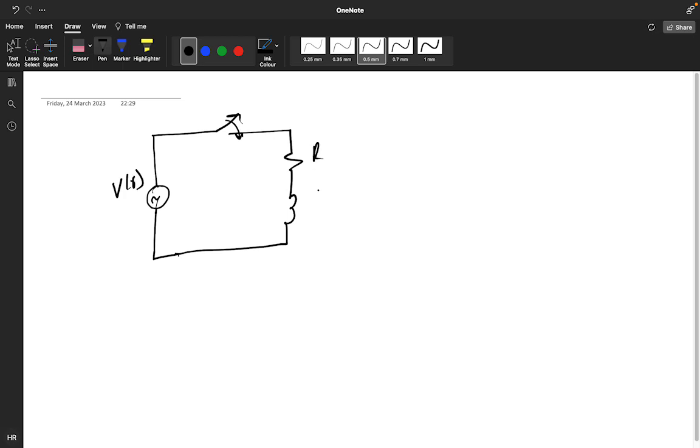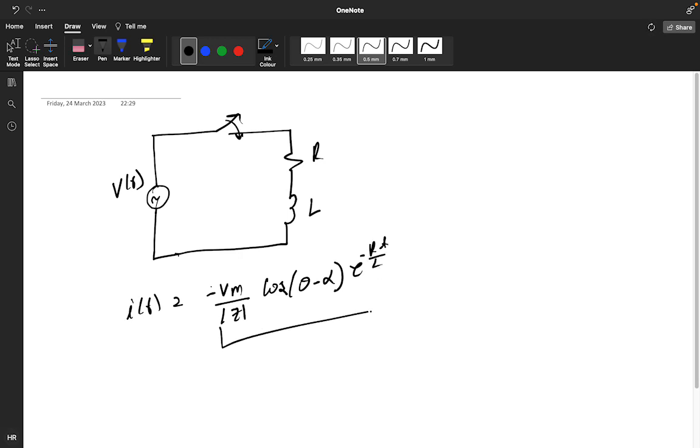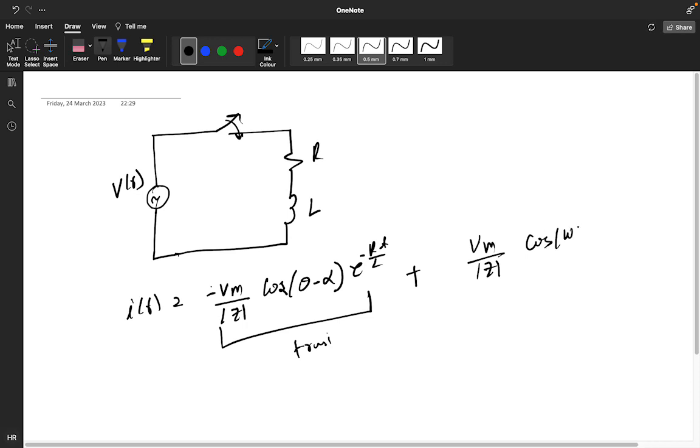If it is a cos function, I of t will be minus Vm by mod z cos theta minus alpha e power minus Rt by L. This will be your transient function, plus the forced response, Vm by mod z cos omega t plus theta minus alpha.